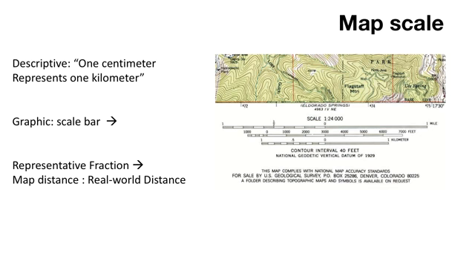The first way we can represent map scale is simply as a description. For example, you might read 1 centimeter on the map represents 1 kilometer on the ground. So you could take out your ruler and measure the distance between two particular locations and determine the distances between those locations.